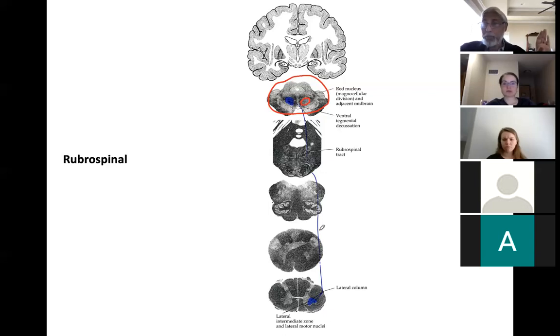Both of them have cortico at the beginning because they originated in the cortex. Now, is the red nucleus located in the cerebral cortex? No, it is below the cortex. This area is the midbrain. Midbrain is not a part of cerebral cortex, so this is not cortex. This is an area subcortical. Subcortical means below the cortex.